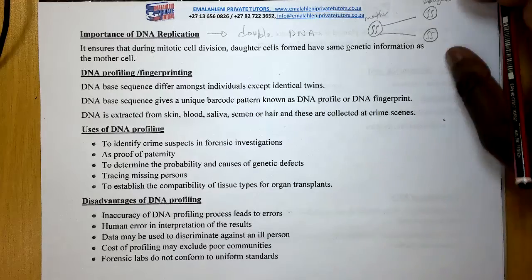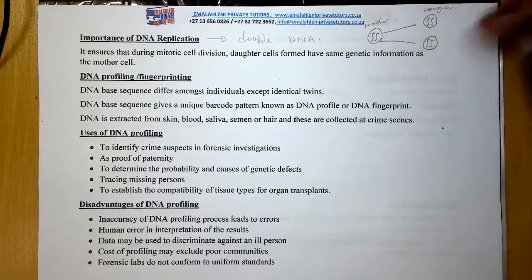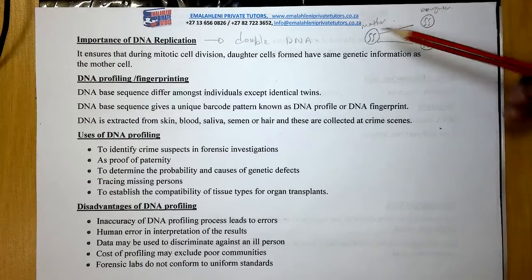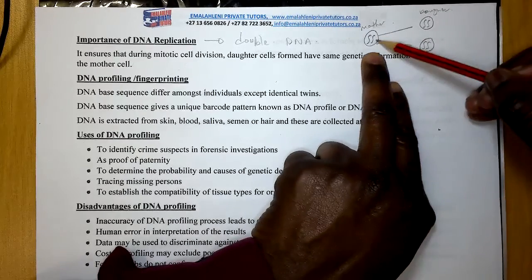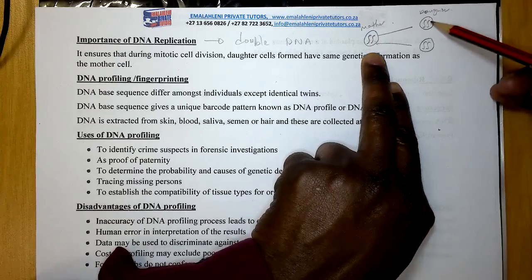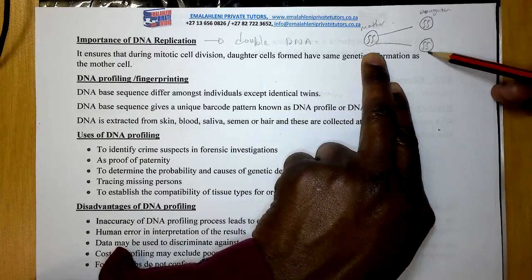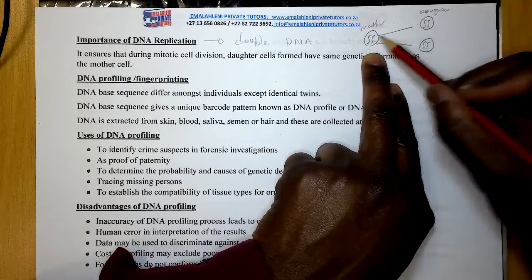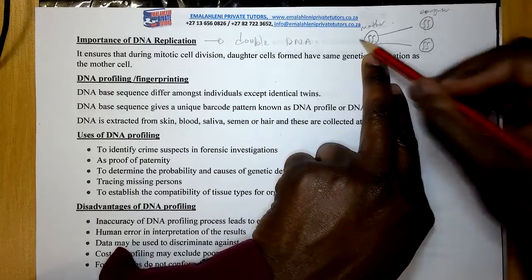For this to happen, the mother has to double its DNA. When it doubles its DNA, it makes sure it will be available to be split between the two daughter cells. So you find that this DNA is identical to each other and also to the mother cell.